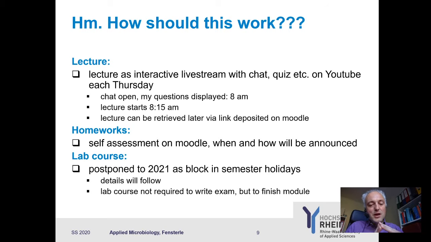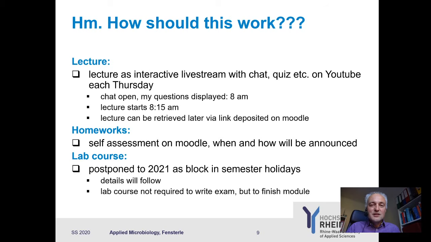And this will be a block lab course in the semester holidays, either in the spring semester holidays or in the summer semester holidays. We don't know yet. It depends on the situation. But of course, we will keep you updated and inform you. Now, the advantage in your course is that it doesn't really matter.